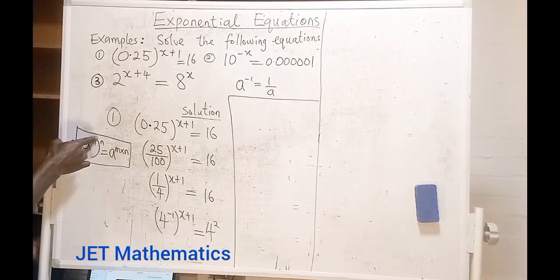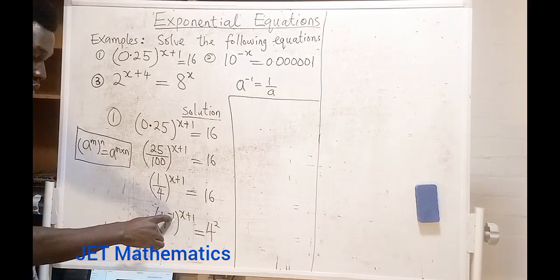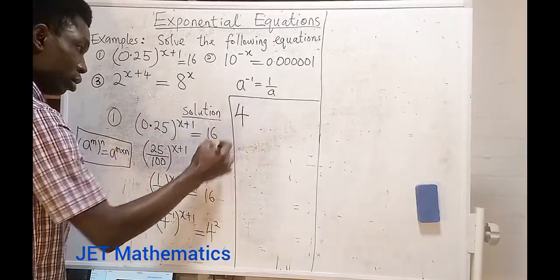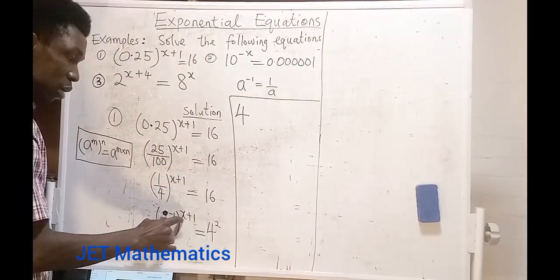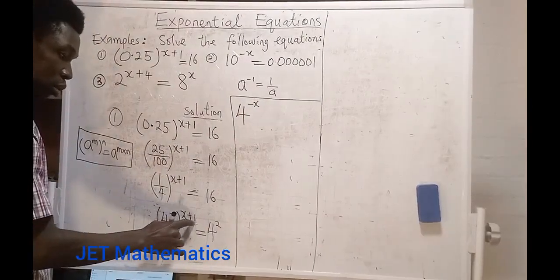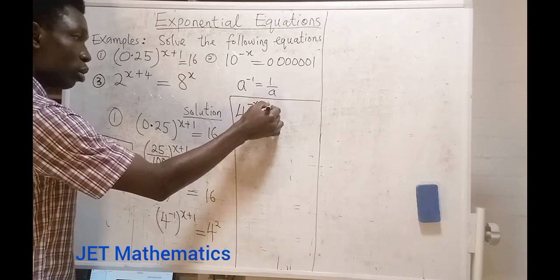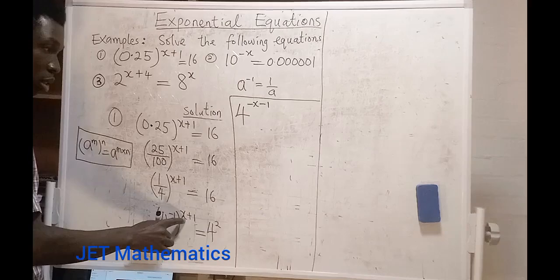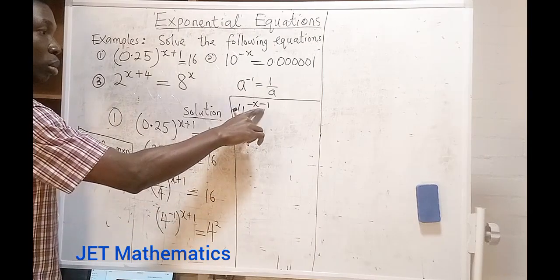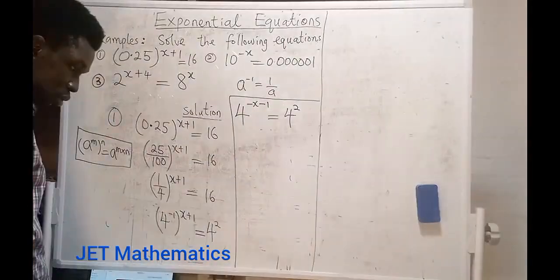Okay, so using this law here, this is going to multiply this, so we are going to get 4 raised to the power of minus 1 times x gives us minus x, and then minus 1 times plus 1 gives us minus 1. Let's take that again. Minus 1 times x gives us minus x. Minus 1 times plus 1 gives us minus 1. And then it's equal to 4 raised to the power of 2.